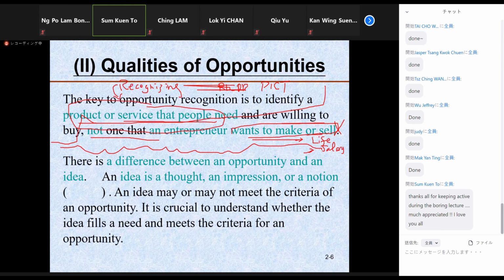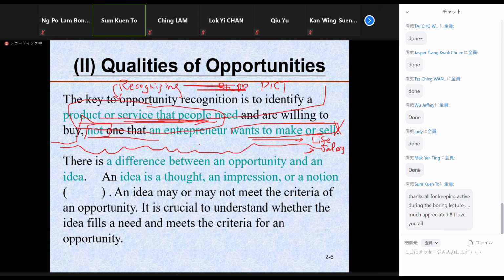Okay, so this is the key difference. All right, so opportunity is the product or service you need, not something you yourself want. If you do something on your own will, you are at most a lifestyle firm or salary substitute firm, not an entrepreneur firm. Okay.